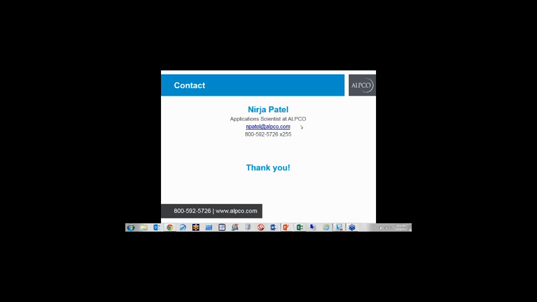Our next question is, do you have antibodies to sort mouse islet cells? Unfortunately, at this point in time, we do not, but we're looking into it. It's on our radar. The next question is, do longer incubations improve separation?